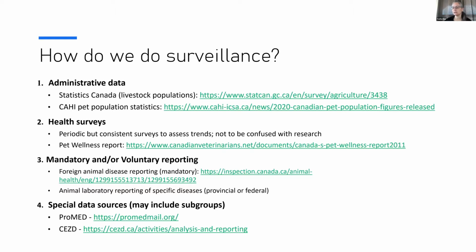But there is also laboratory reporting. In certain provinces or for certain diseases, if the laboratory diagnoses a certain condition, that may be reported, either to a province where that's a requirement or federally if that's a requirement. An example that might come up would be that some provinces require the reporting of salmonellosis cases.